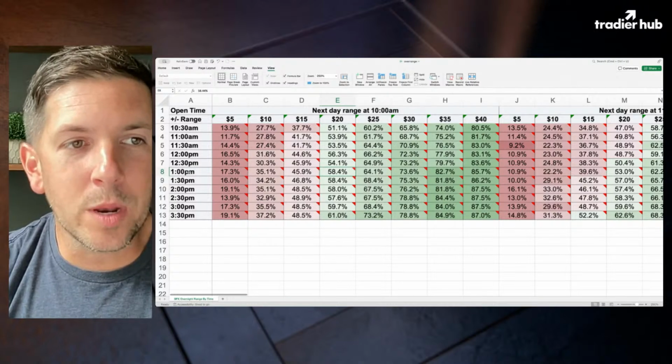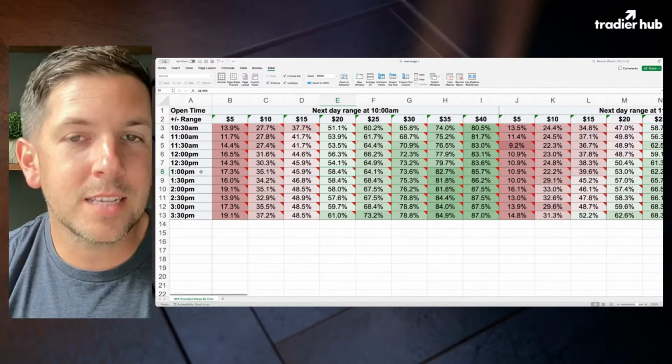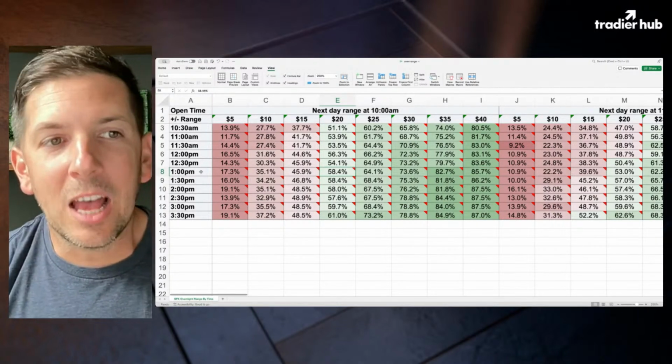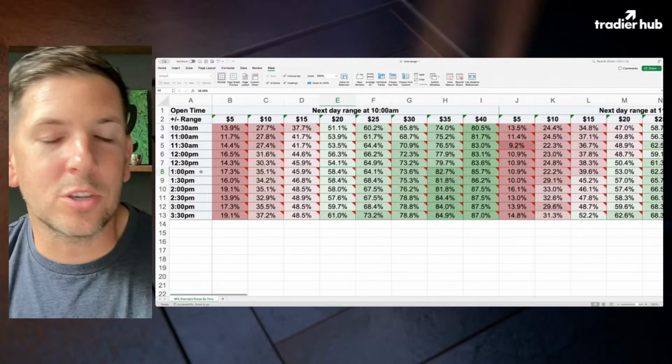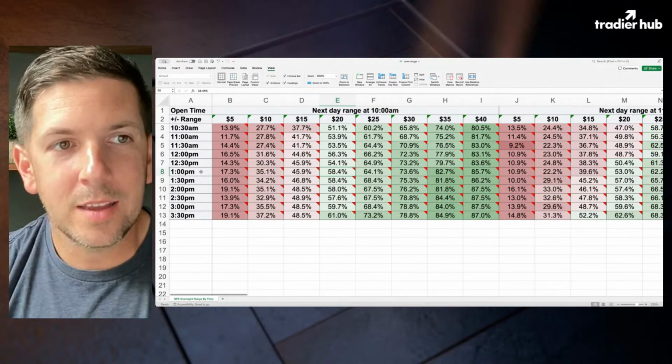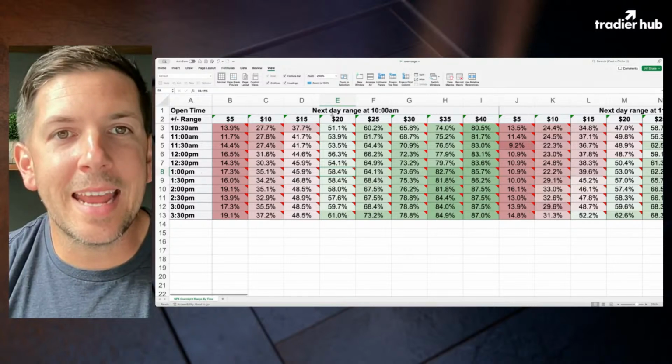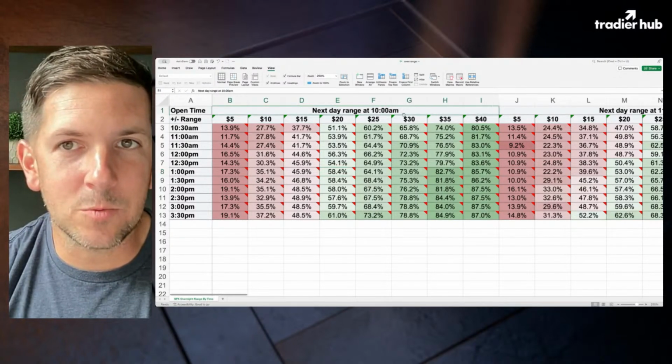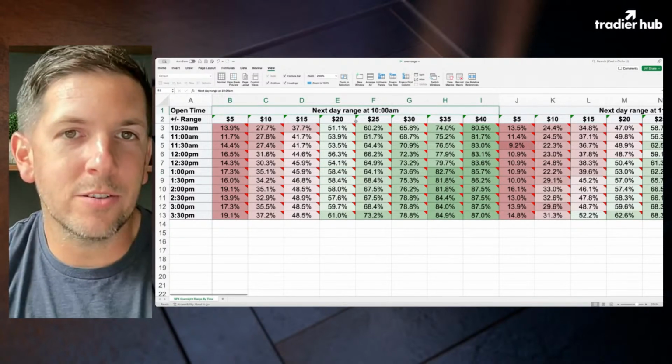This would say if I open a position at 1 o'clock today, and then I just watched the market from 1 o'clock today to the next day at 10 o'clock. This is what this block here is looking at.